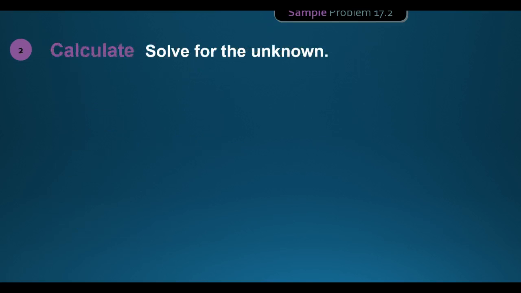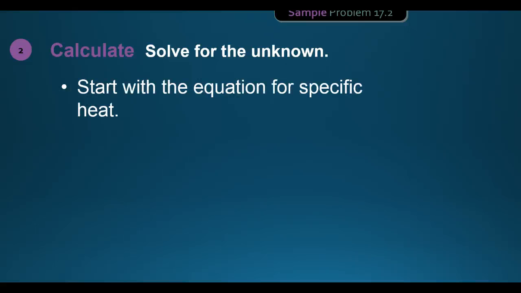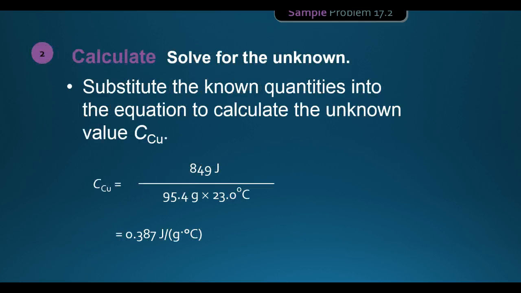Alright, so let's calculate, solve for the unknown. You're going to start with the equation, and anytime you do problem solving, that's what I want you to do, I want you to write the equation. So our equation is the specific heat of copper is equal to Q over the mass of copper times the change in temperature. Now we're ready to put the numbers in.